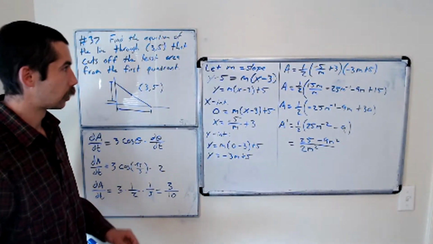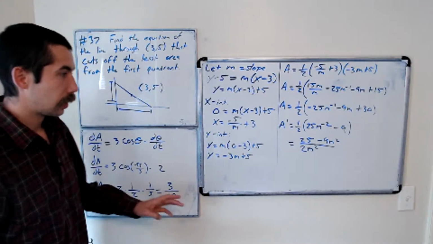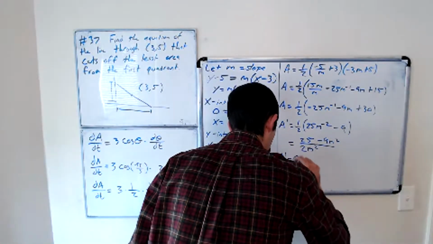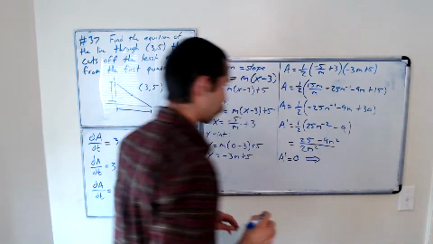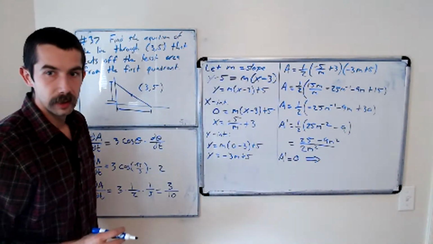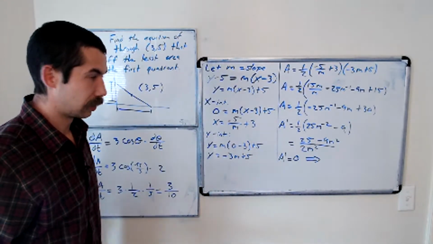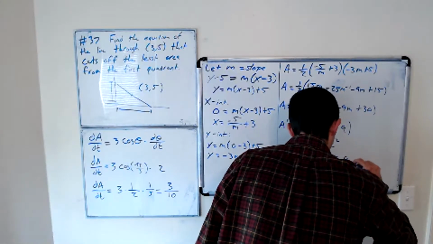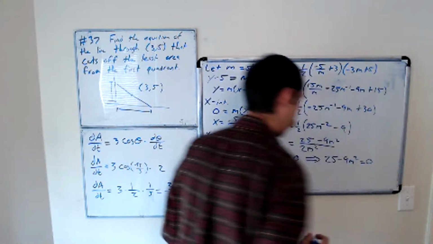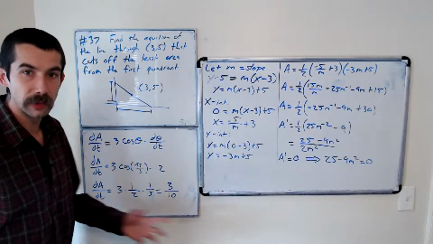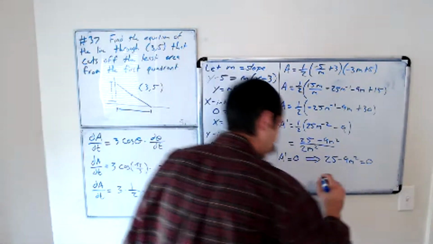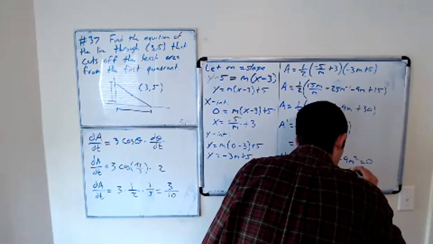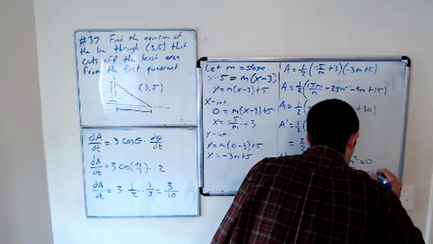Okay, so if A prime equals 0, that implies our numerator is 0. Solving for m, we get m is equal to 5/3 or negative 5/3.